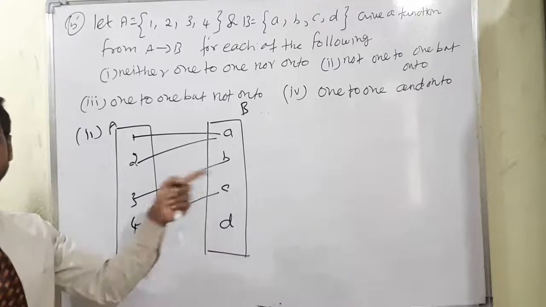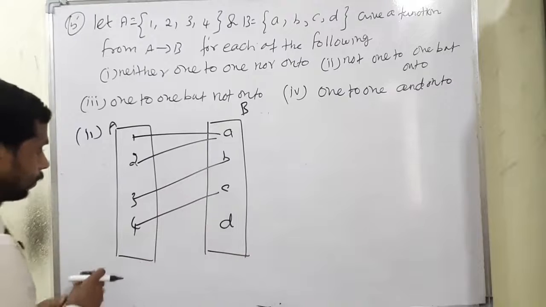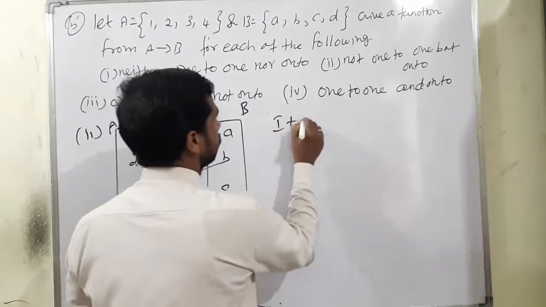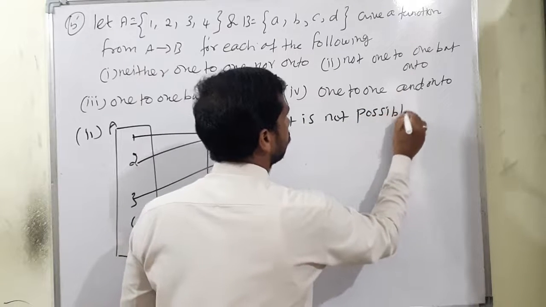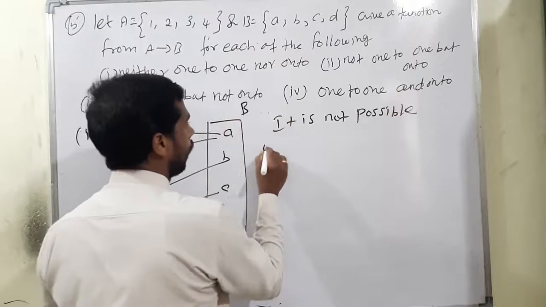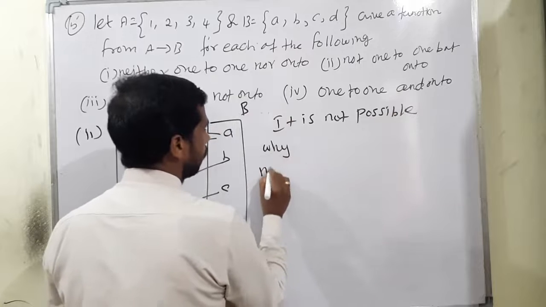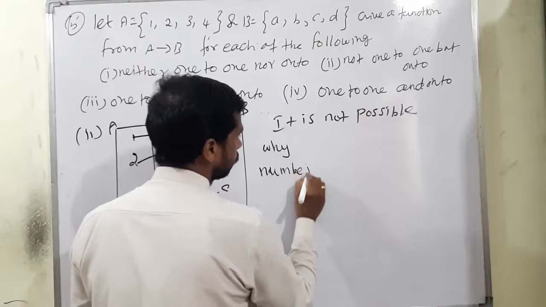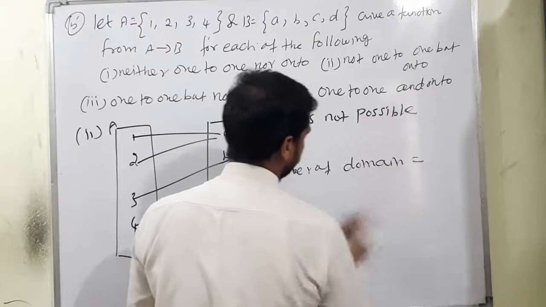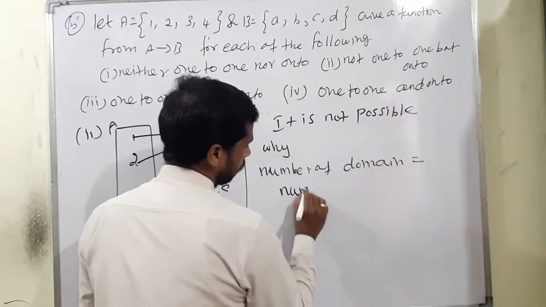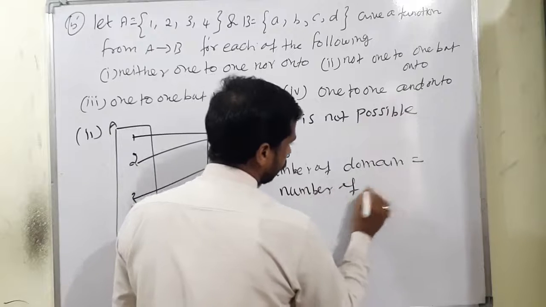That's why we are saying it is not possible. So the subdivision 2 answer: it is not possible because the number of elements in the domain is equal to the number in the codomain.